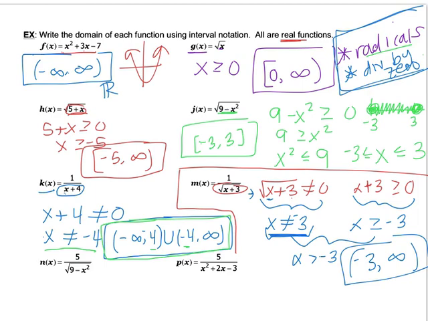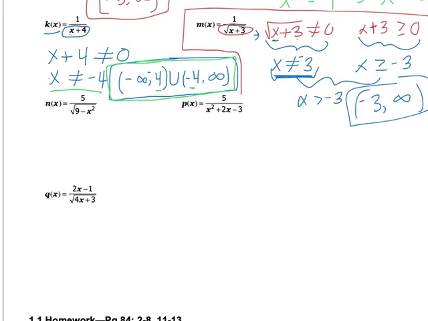All right, moving down to n of x. We have 5 divided by the square root of 9 minus x squared. So again, we've got a division bar, so we need to avoid division by 0, and a square root, so we can't take the square root of a negative. So we've got those two things happening, but you'll see you can combine those into one step pretty early on.